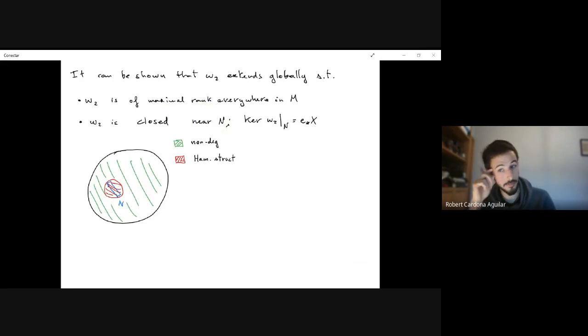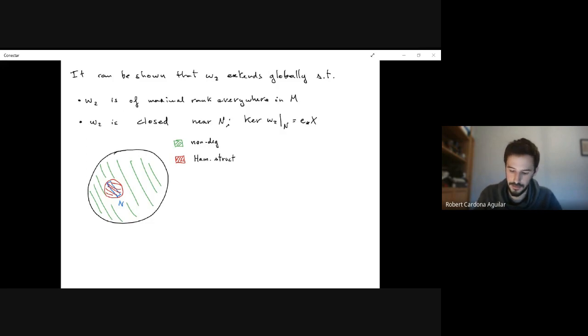So here's where you apply an h-principle that is called relative to domain. This means that I think of a two form being non-degenerate as a formal solution. But in this case, I have a two form which is non-degenerate everywhere, but it's closed in a neighborhood of N. So there's a part of my manifold where my solution is already a genuine solution.